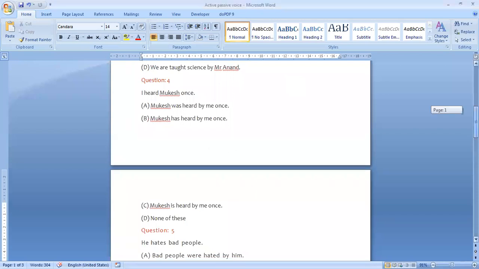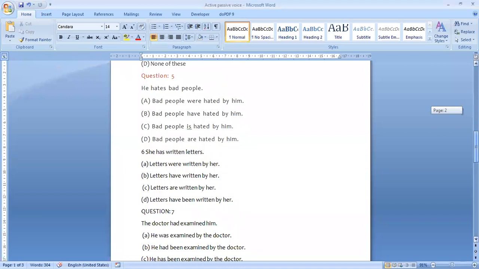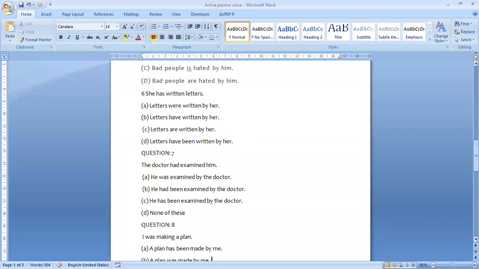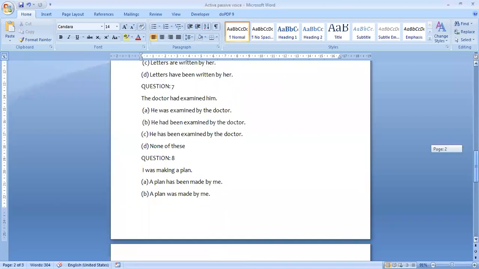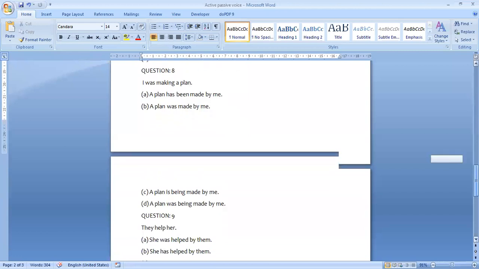In active voice, if you have been, that tense cannot be converted into passive voice. Only the first three types of present and the first three types of past can be converted into passive. Been will be present in active voice only if it is present perfect continuous tense, which is not converted into passive. Okay, try the eighth one.